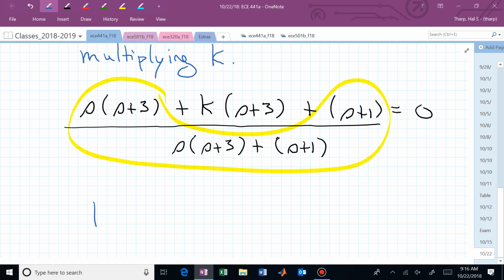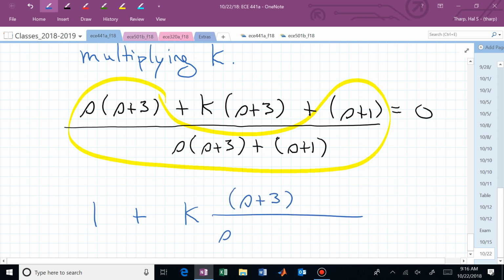We just have s times s plus 3 plus the quantity s plus 1 divided by that same term. That gives us 1. We end up with plus k times s plus 3 over s times s plus 3 plus s plus 1.